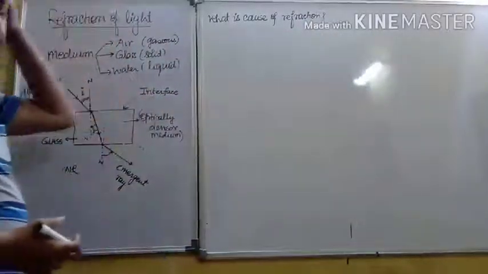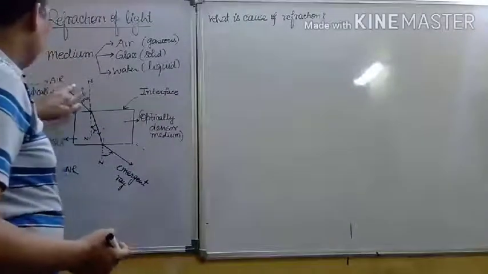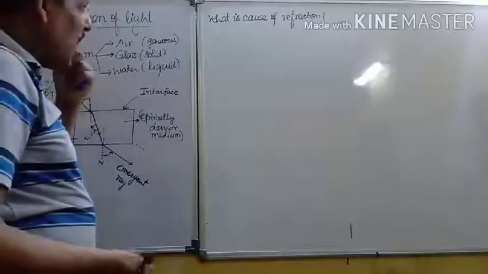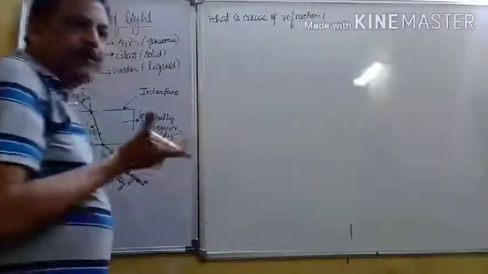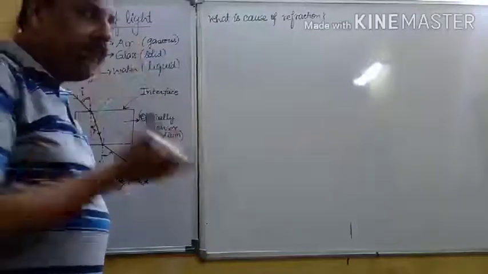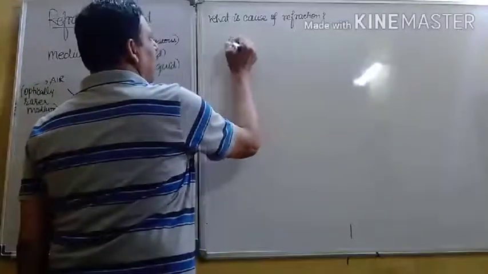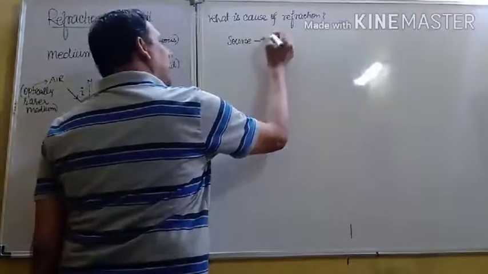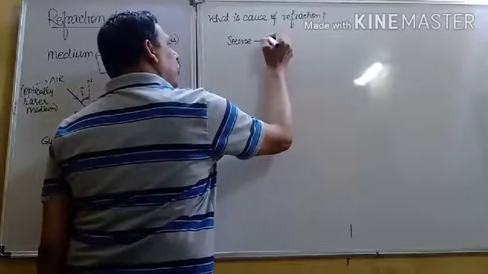You see, light, basically we are talking about sunlight. So sunlight is a source, basically a natural source, and every source has a property that it has its own frequency.